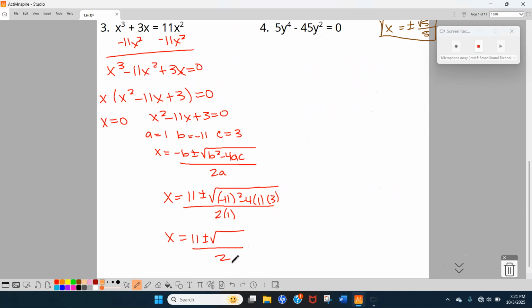What is that? 121 plus 12, so 133. And then I believe that's all we have, because I don't think 133 will simplify. I can't think of a perfect square that will go into 133.